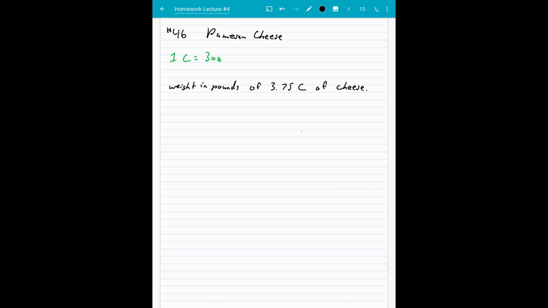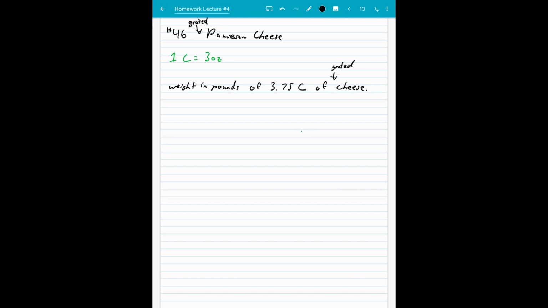If it was just a block of cheese versus grated, they're not going to weigh the same thing, because grated you might lose some, you lose some volume, in fact. So you got to make sure it's the same thing. So I'll go ahead and say grated right here, grated, and we'll say grated right here. They got to be the same type. They got to be prepped the same in order to make a fair measurement.